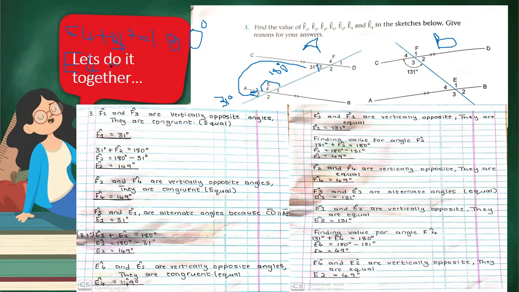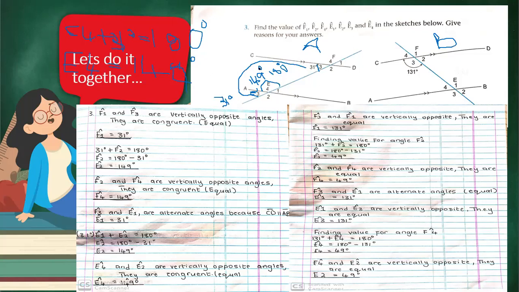Our E4 will be 149 degrees. So our E4 value is 149 degrees, correct?